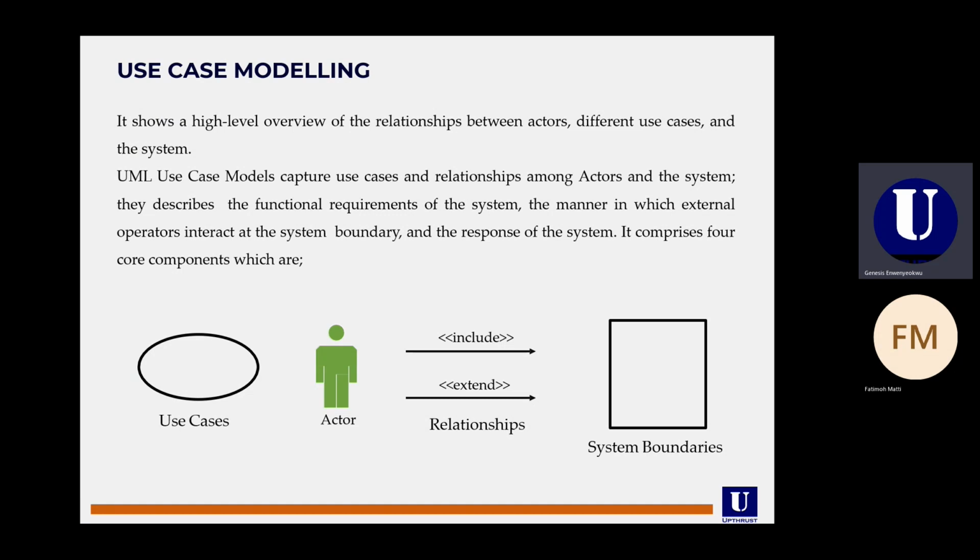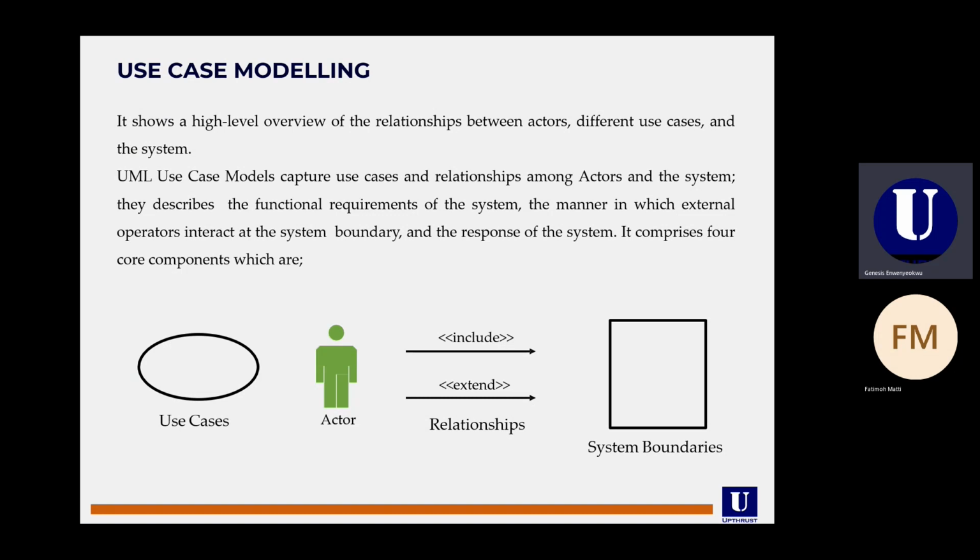The use case diagram or the UML use case basically helps us to understand the visual interaction between the actor and the use case, the actor and the functions or the features within that system.